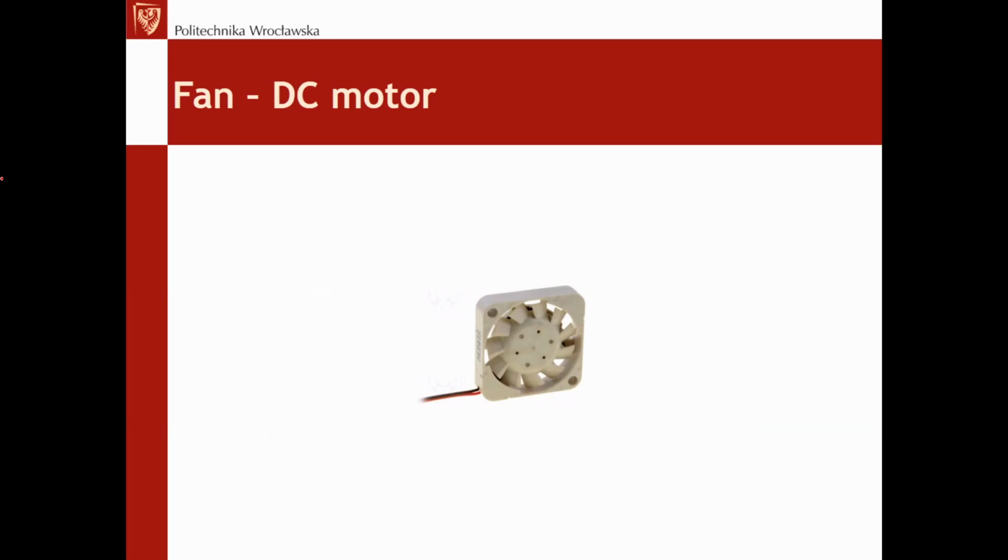But the advantage of the DC motors is that you can very easily regulate the torque of the motor by applying various voltages. As well, you don't need any startup capacitor here, because the direction of rotation depends on the polarity of the voltage. And that's the advantage of the DC motor compared to the AC motor.